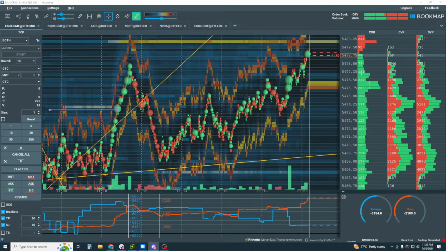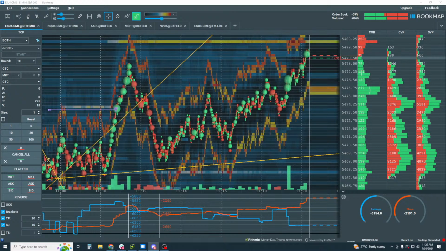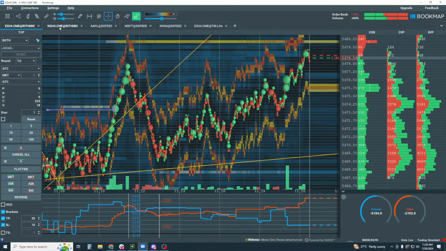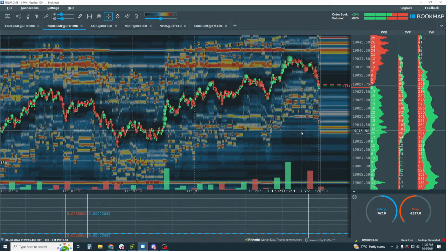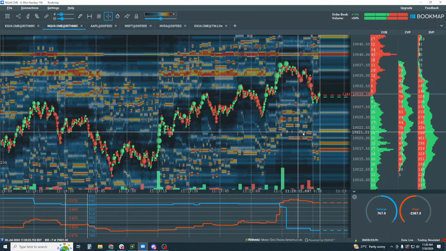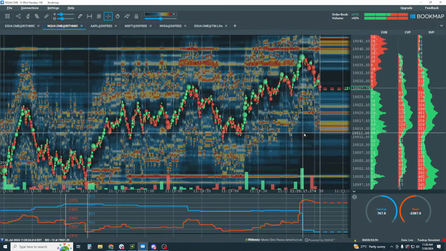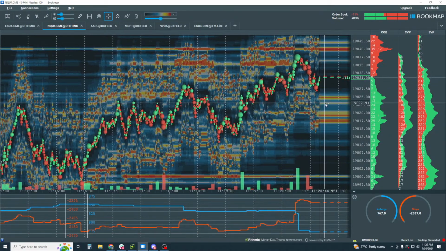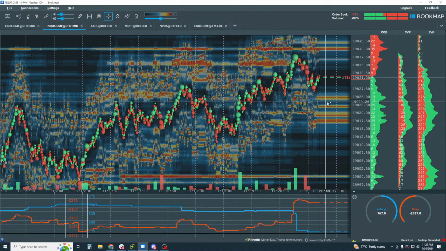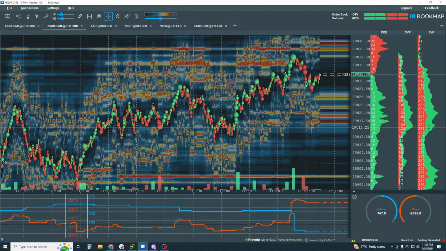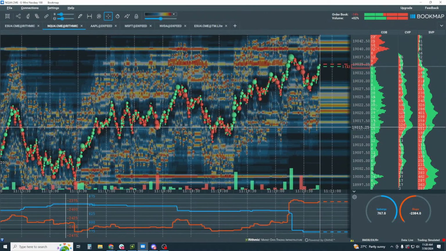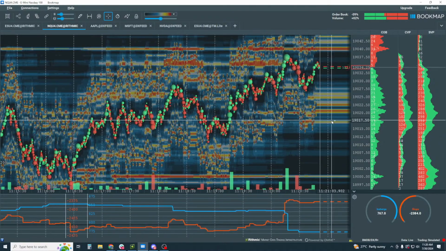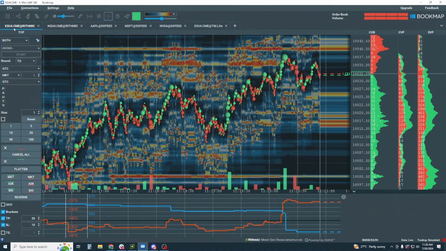This bracket algo has been in here for some weeks now, several weeks in the ES. It's been in the NQ quite a bit longer, and we have seen it in the past years. So whatever the case may be, at a certain period, a larger player, and we know it's a larger player, this is their behavior.